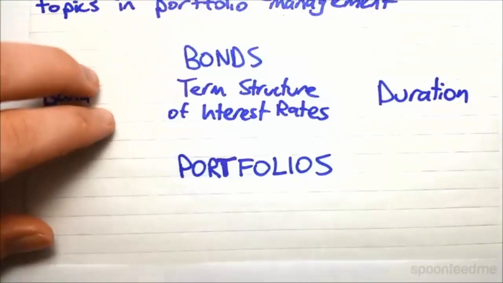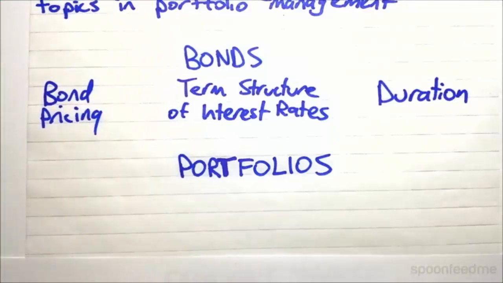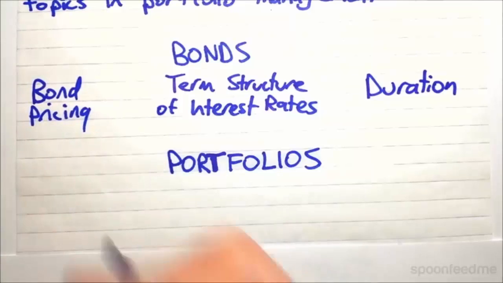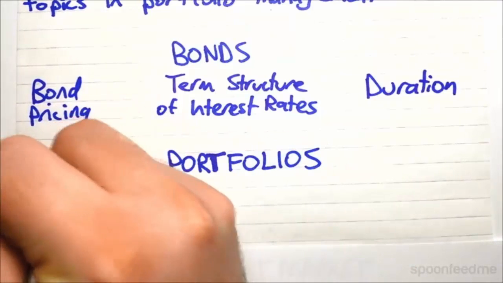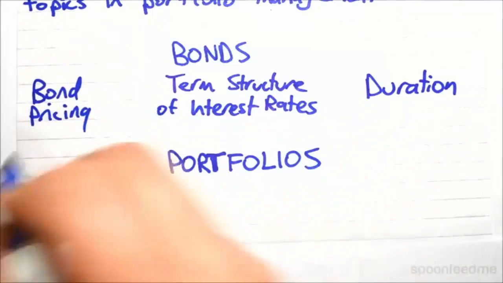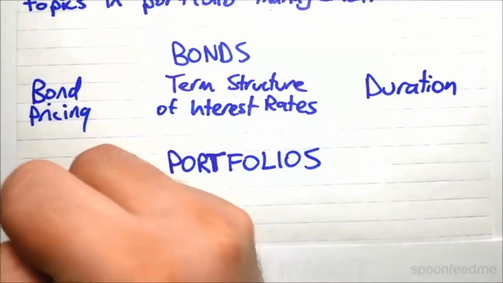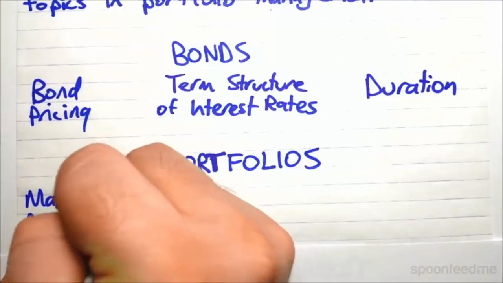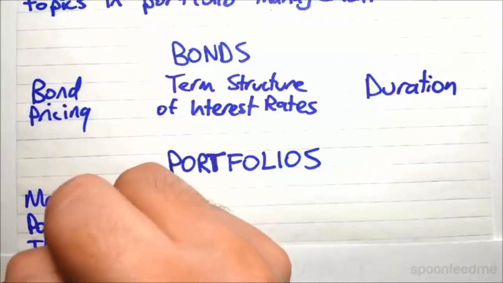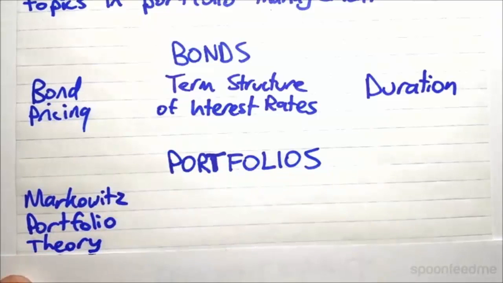So with bonds out of the way, we go on to portfolios. And to start off with, we'll be looking at Markowitz portfolio theory. Now this is going to be all about how we can best choose portfolios based on mean variance optimization.